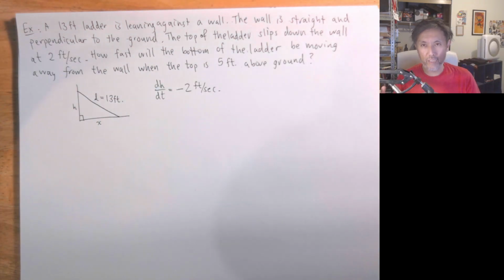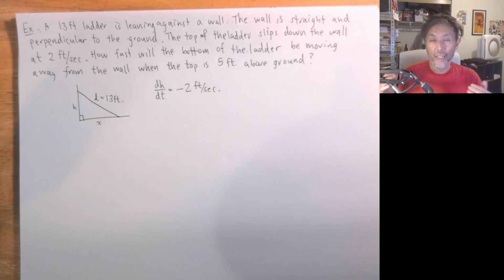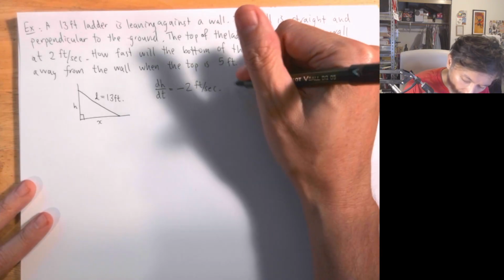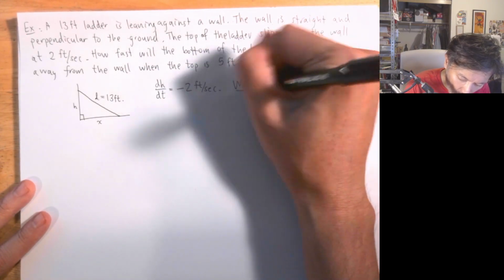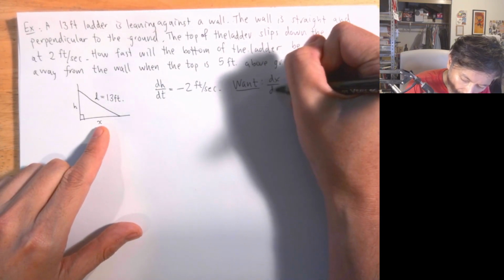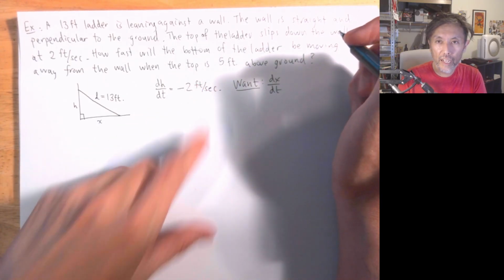Every second that passes by, the height decreases by 2 feet, which is the same thing as saying that it changes by negative 2 feet per second. I hope that makes sense. And what we want, it's always good to know what we want: we want dx/dt, how fast the bottom of the ladder is moving when h is 5.